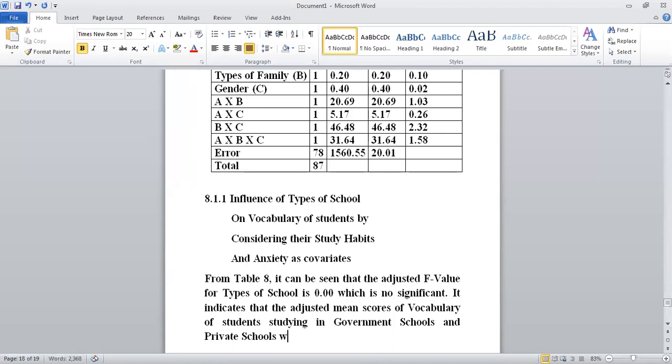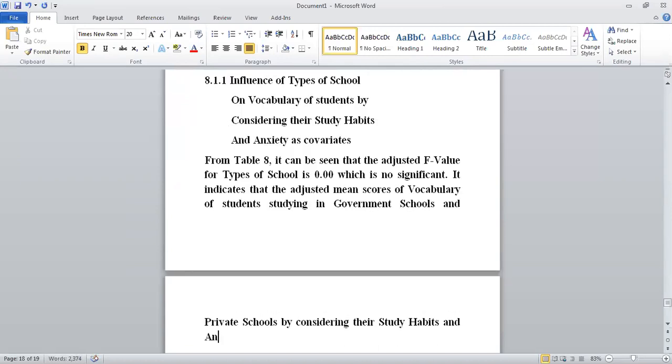It indicates that adjusted mean scores of vocabulary of students studying in government schools and private schools by considering their study habit and anxiety as covariates.